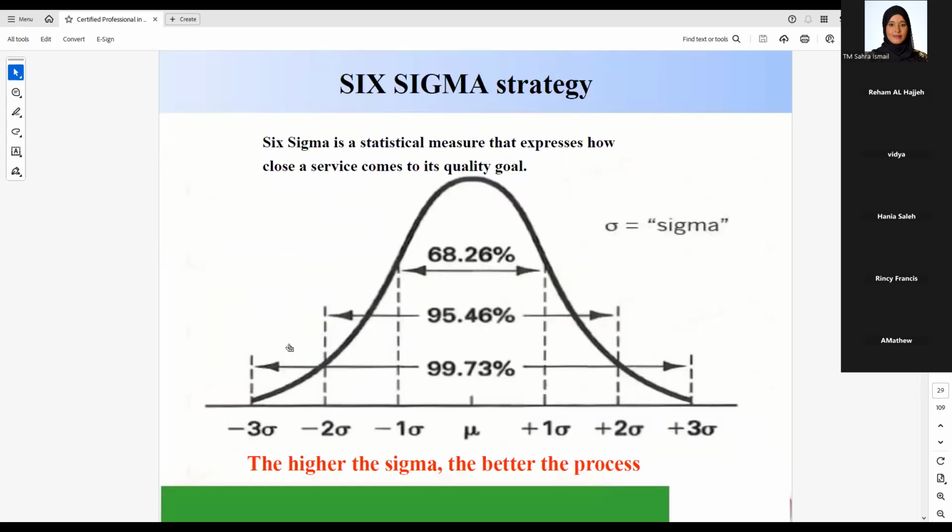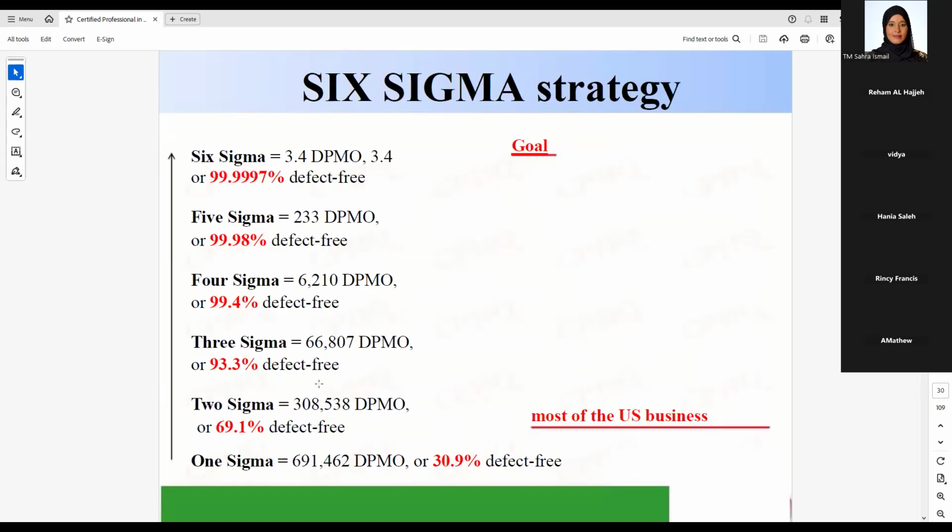The 3 sigma is 99.73. What do you want more than that? Yes, it's 99.73%, but that means if you count it per million opportunity, it is 66,000 defects.